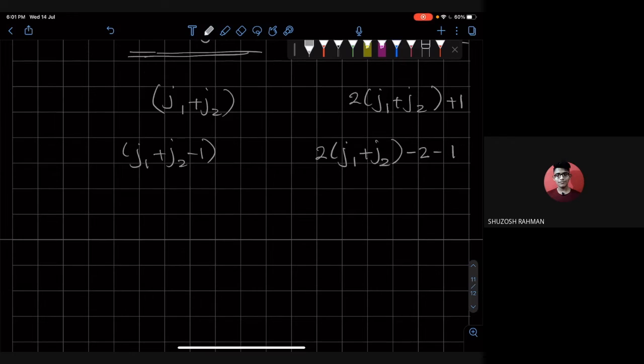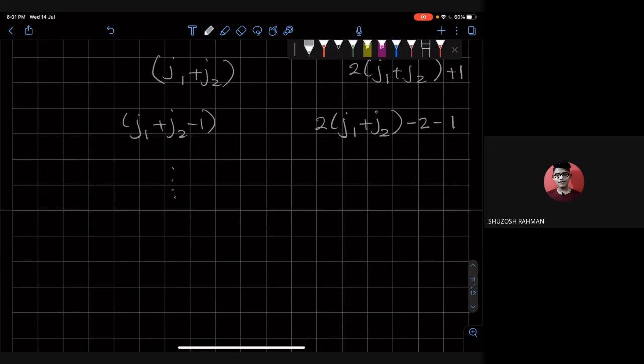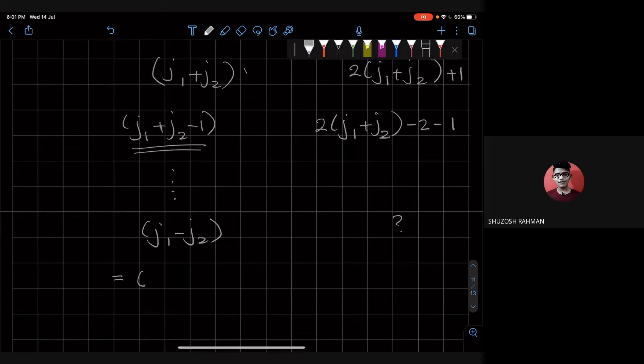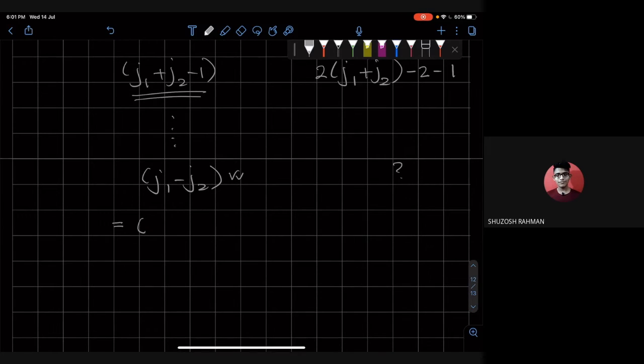So this is all easy. And we go down to the most anti-parallel case where it's going to be the lowest, and that's going to be J1 minus J2. Now, how many states are there for this one? To do this, let me rewrite this in a different way. So to come from here down to here, how many steps do I have to take?